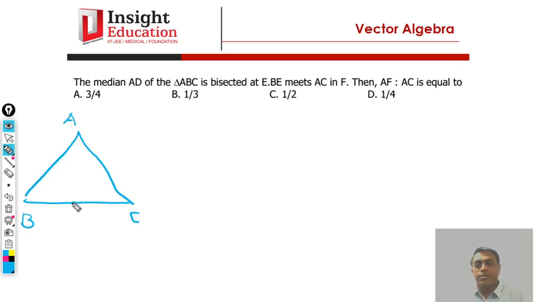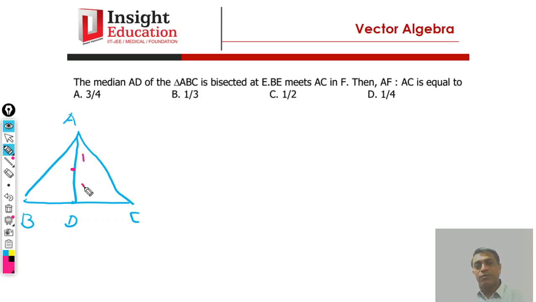Median means D is the midpoint. Median AD is bisected at E, and BE meets AC in F. I can use another color. So bisected at point E, so that is again bisected.